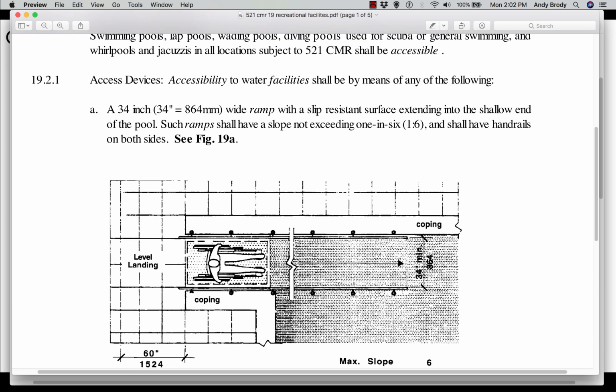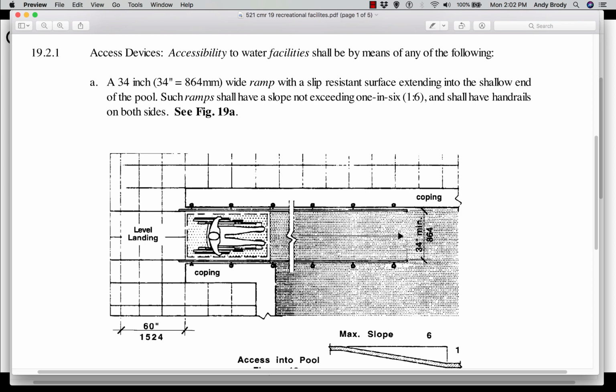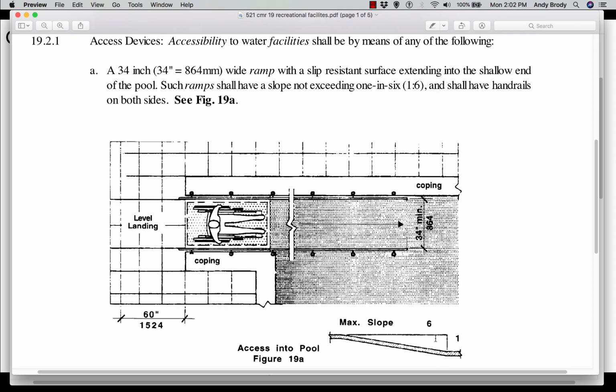Okay, and I know the question came up about, do we need a chair lift into the water? I believe this is what we're required to do, or at least we have to have one or the other. And you can see there's a maximum slope of 6 to 1, which is actually pretty steep for heading into the water. So I'm not quite sure how they get out of there. That's a pretty steep climb.